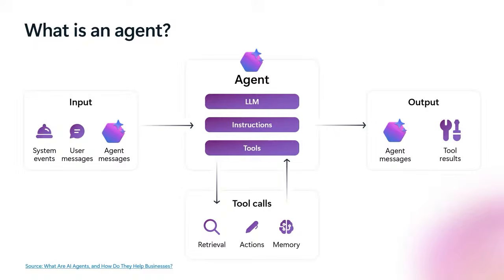Now, agents are essentially composed of an LLM model, an instruction set, and the tools that you plug into it. The agents take inputs. Those inputs can be from system messages, user messages, or other agents themselves. You plug in your tools, which allow the agent to do retrieval, certain actions, and have memory. And then the agent is able to give us an output with its own messages and tool results.